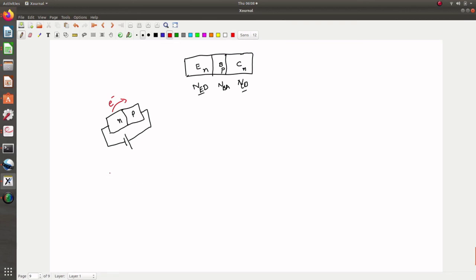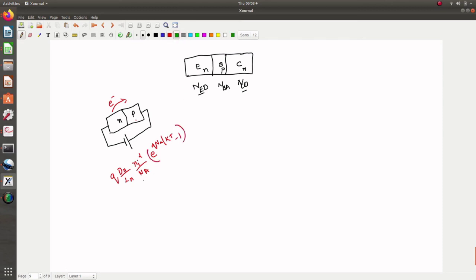Remember the previous discussions on PN junction. The current density can be given by q Dn by Ln, ni squared by Na, which is the hole concentration at P, into e raised to qVa by kT minus 1.